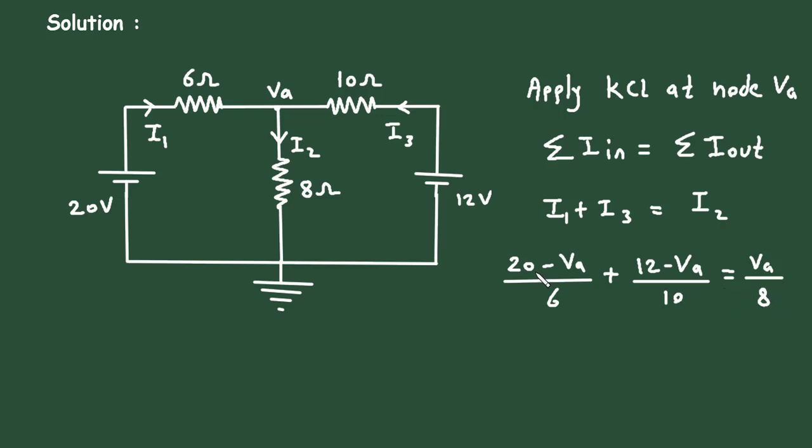Now if we simplify this, it will be 20 by 6 minus VA by 6 plus 12 by 10 minus VA by 10 is equal to VA divided by 8.